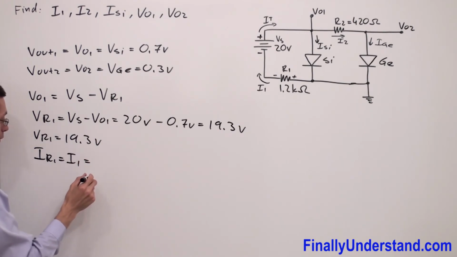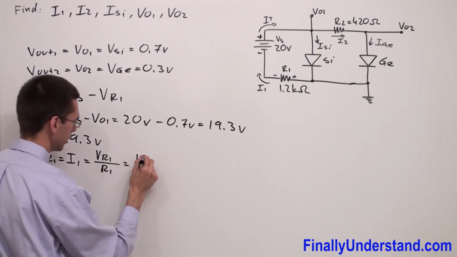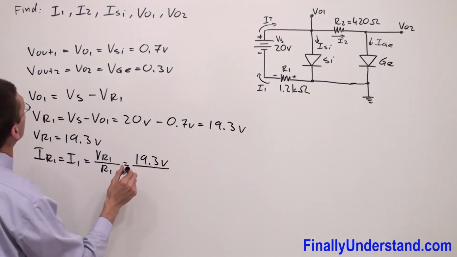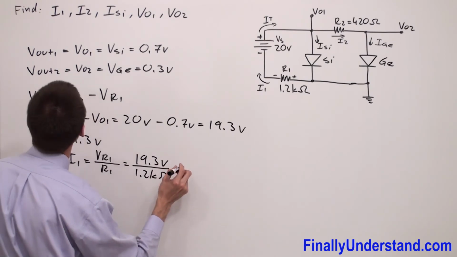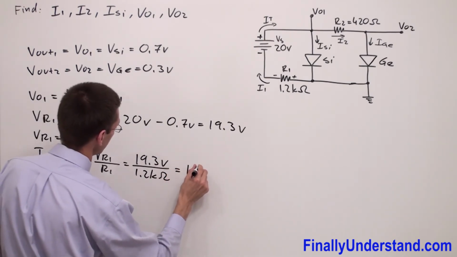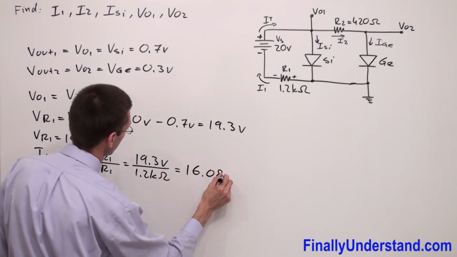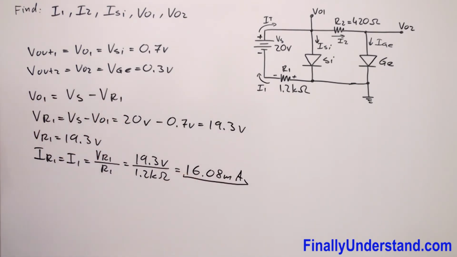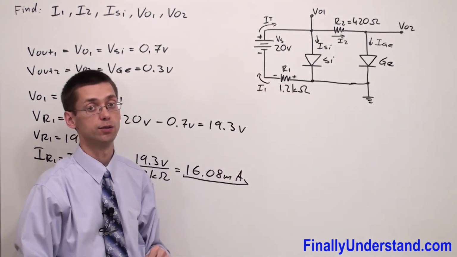This is equal to VR1 over R1, where VR1 is equal to 19.3 volts over R1, which is equal to 1.2 kiloohms, and this is equal to 16.08 milliamps. So this is the current which goes through resistor R1. This is my I1.